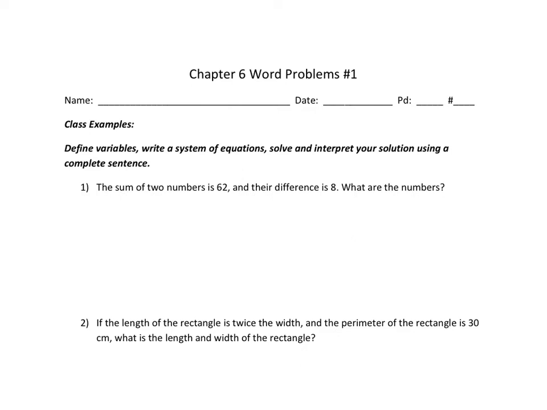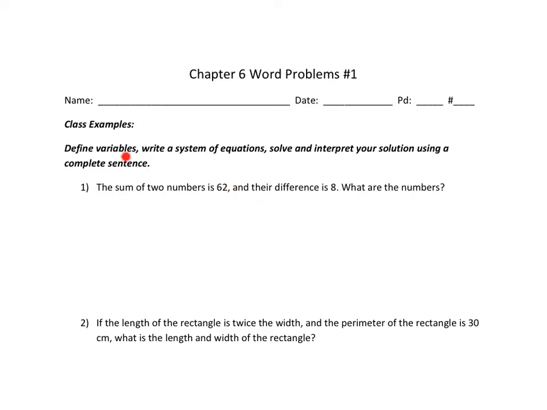All right, looking at the first example here: the sum of 2 numbers is 62. Their difference is 8. What are the numbers? A lot of times the comma or period will tell you that here's one equation, and then here's your second equation.